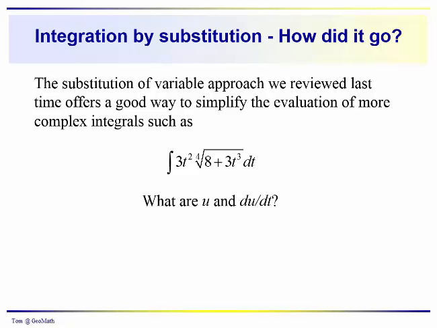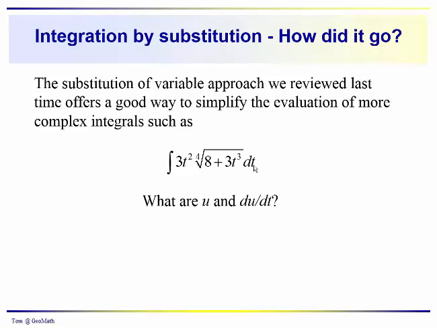Last time we introduced the idea of integration by substitution and gave you a problem to evaluate. That problem was an integral of 3t squared times (8 plus 3t cubed) to the 1/4 power, integrated over time.